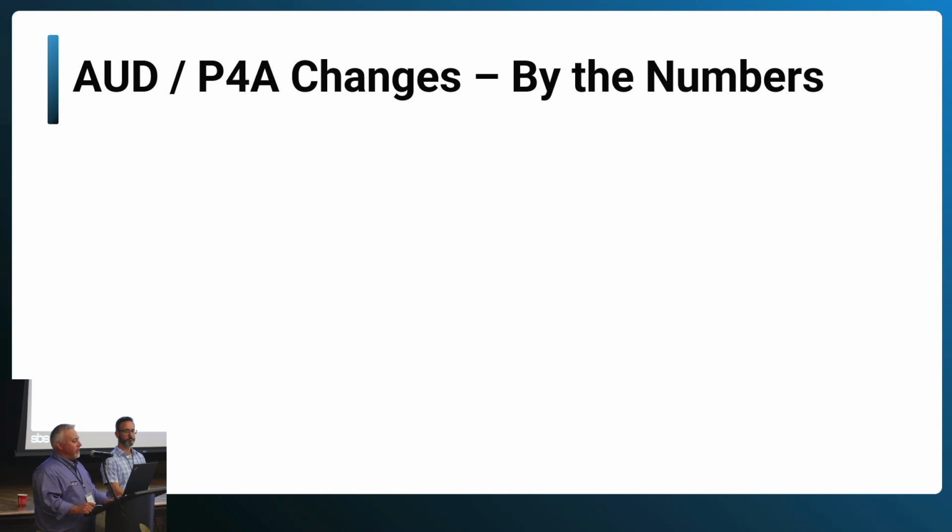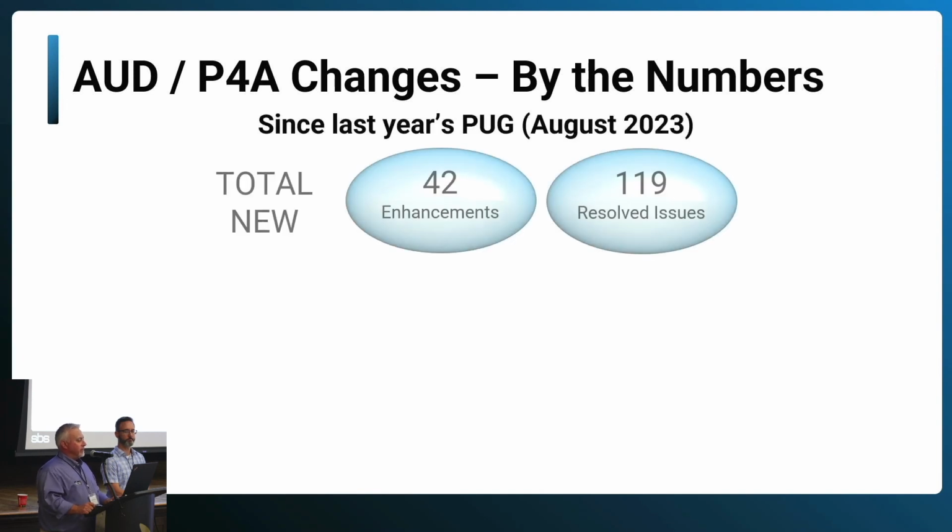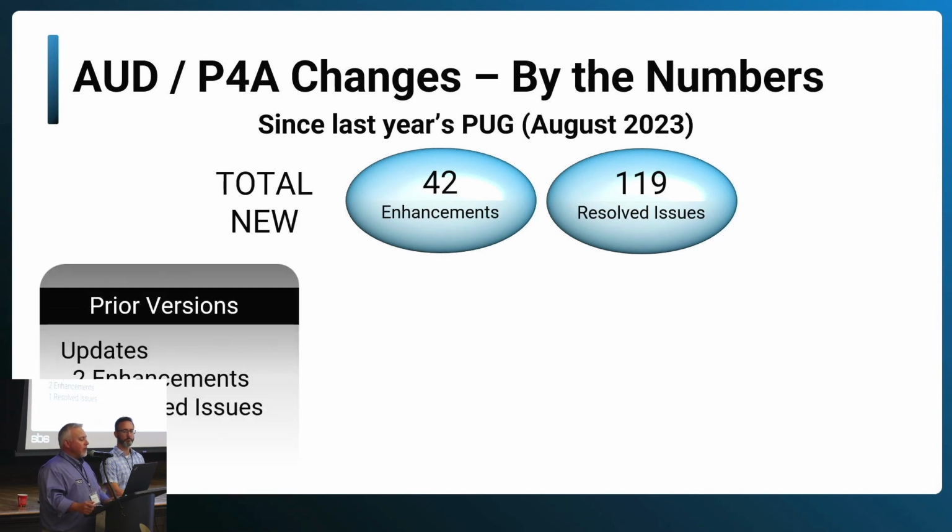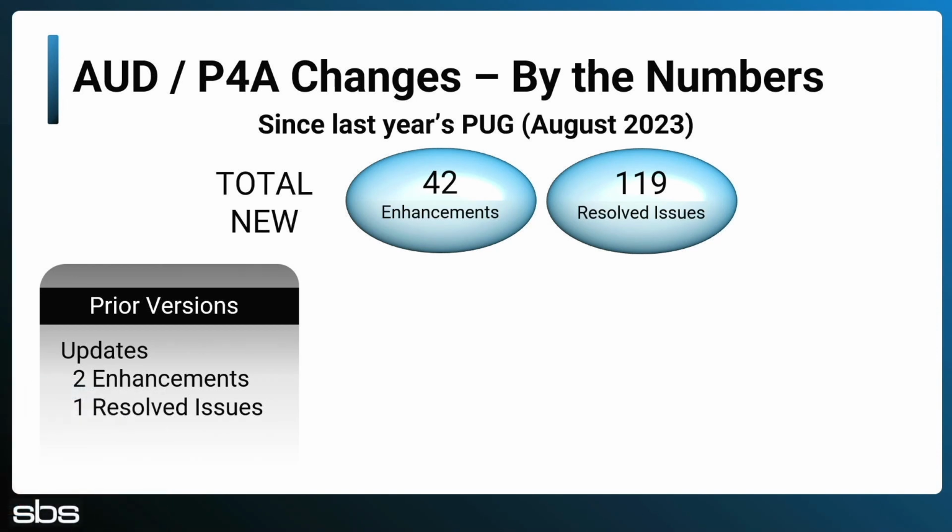So AUD P4A changes by the numbers. We've added, since last year's PUG, 42 new enhancements, and we've resolved 120 or so issues in the product over that time. Prior versions, meaning 8.2 or earlier, had 2 enhancements and 1 resolved issue.